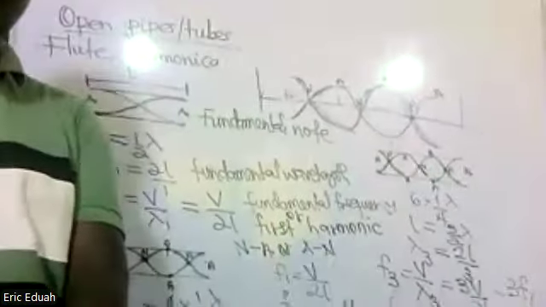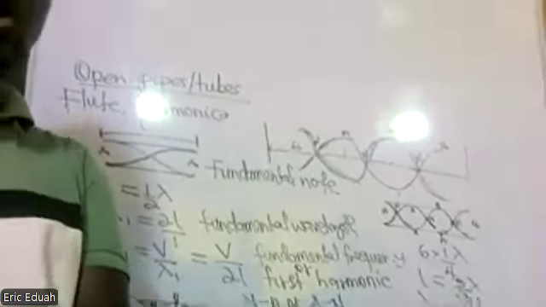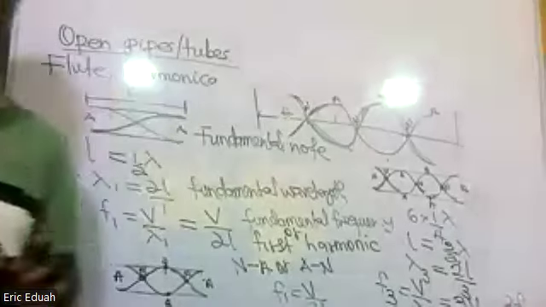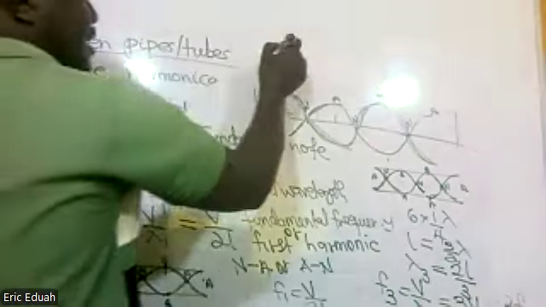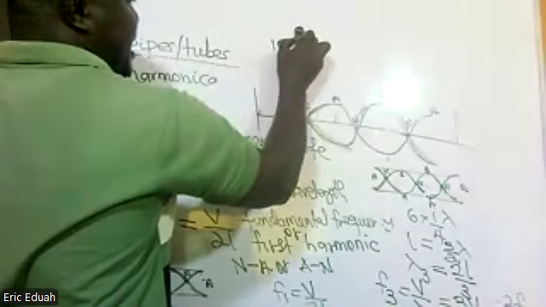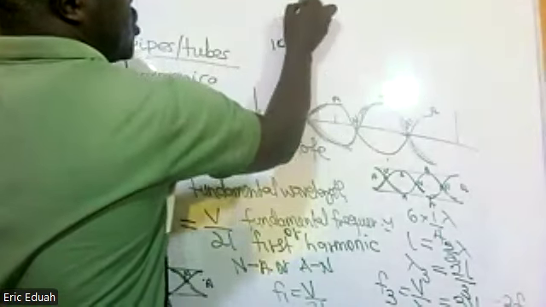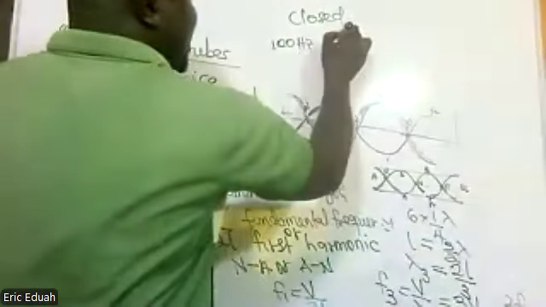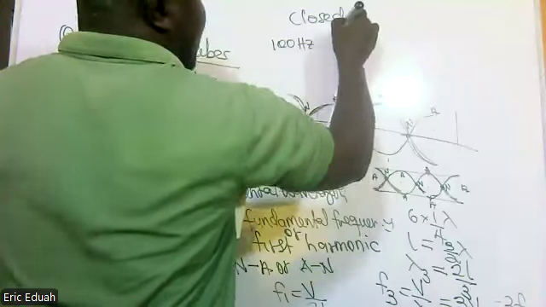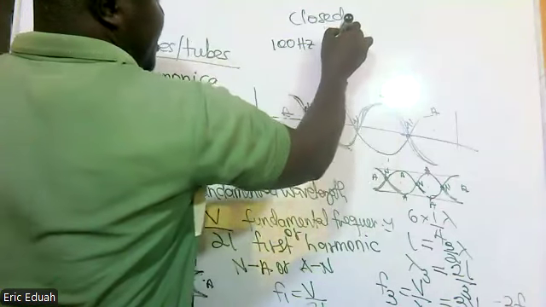And because of this, practically, what it means is that for closed pipes, the frequency is odd. So assuming the first frequency is 100 hertz, for closed pipe, the second frequency you hear is 300.